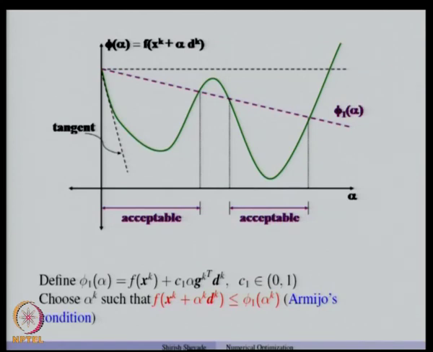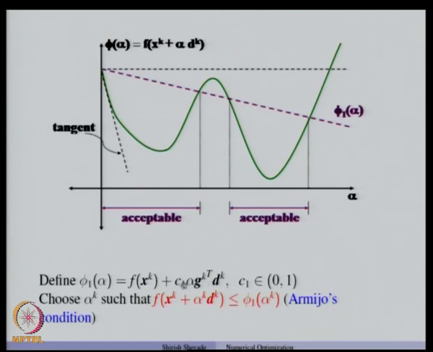Now, this ensures that, if you look at the right hand expression for phi 1 alpha, g k transpose d k is the rate of decrease of f in the direction d k. So, g k transpose d k is the directional derivative of f at x k.